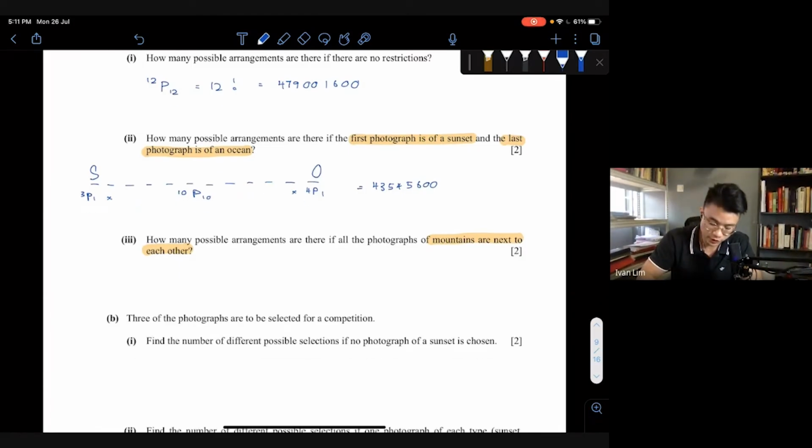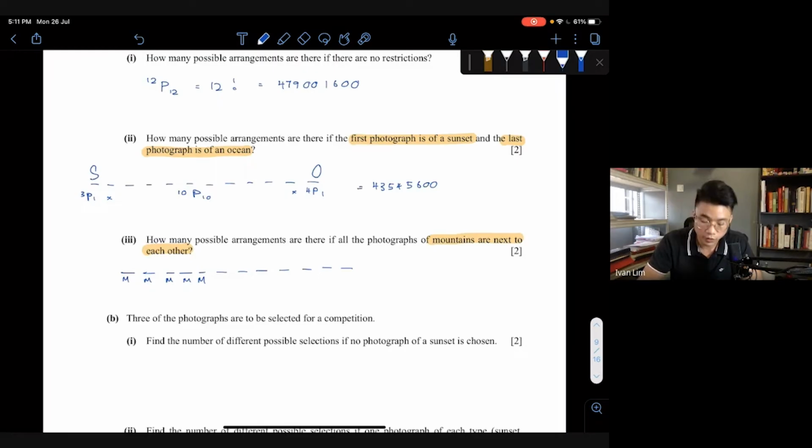Let's say we have 1, 2, 3, 4, 5, 6, 7, 8, 9, 10, 11, 12. Let's write at the bottom: mountain, mountain, mountain, mountain, mountain. So this is how it's arranged, and the rest can be anything else.